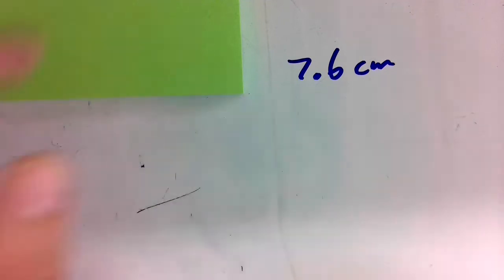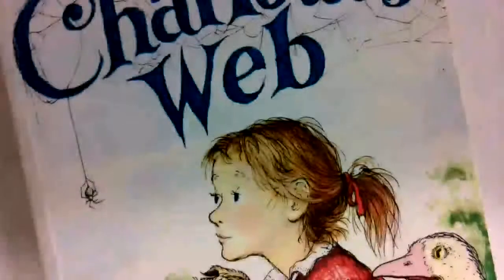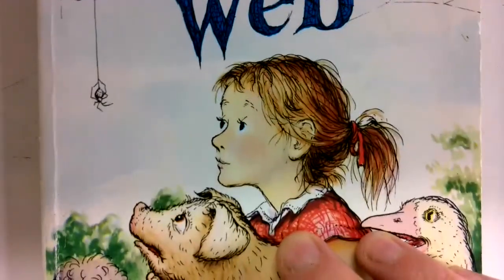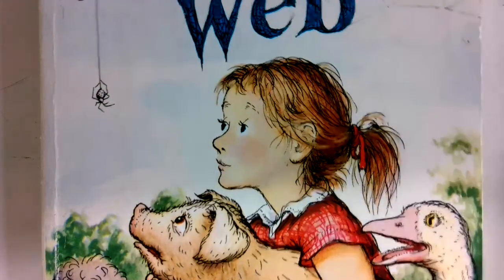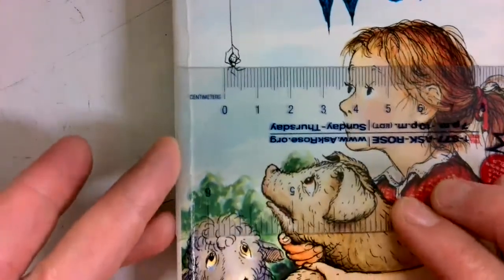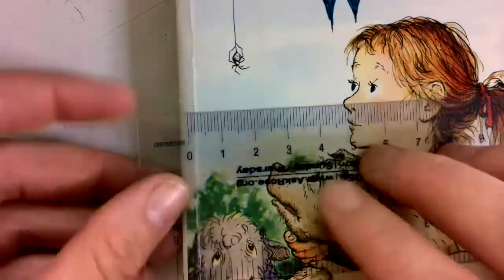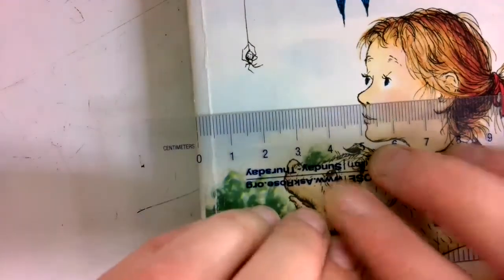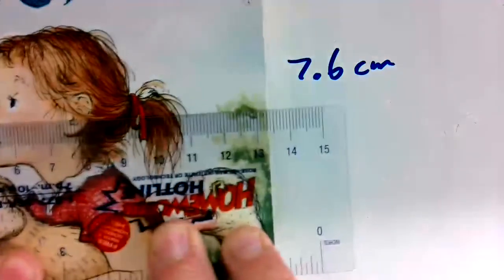Let's try another object. Going to get our book. If you haven't read Charlotte's Web, you really should. It's a good book. So we're going to go ahead and measure this guy. So again, starting out not with the edge of the ruler on the edge of the book, but with the 0 on the edge of the book, okay? And then we're going to slide it over so that we are looking straight above.